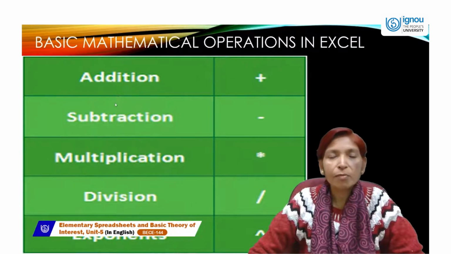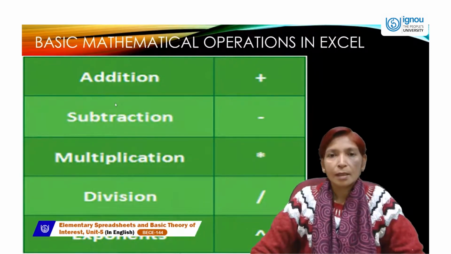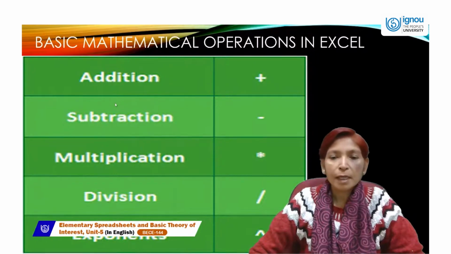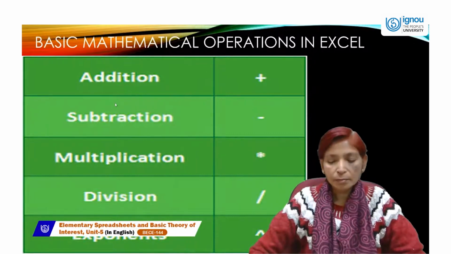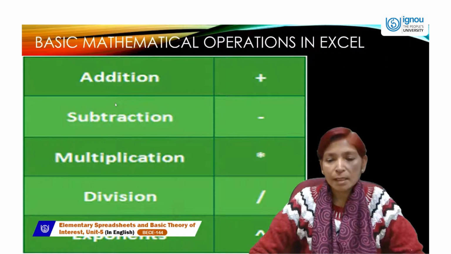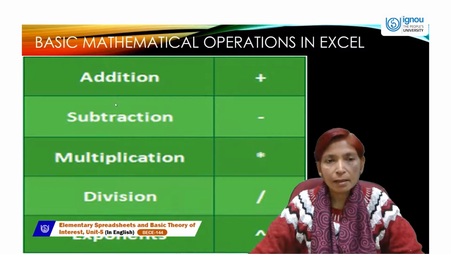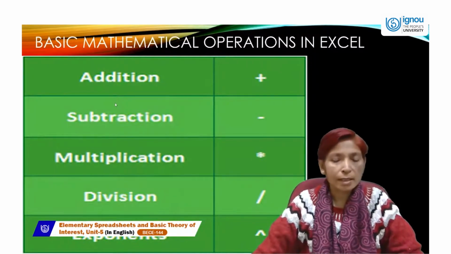So in the case of the mean, in measures of central tendency, we use a mathematical operation like addition. Subtraction means minus, multiplication is multiplying the given values, division, and exponents. These are the symbols which we can use in Excel while doing addition, subtraction, multiplication, division, and exponents.